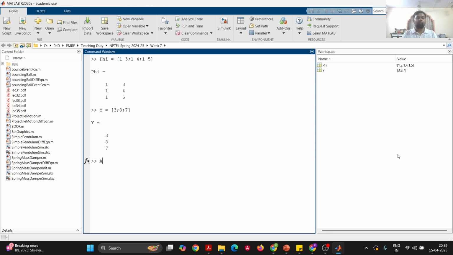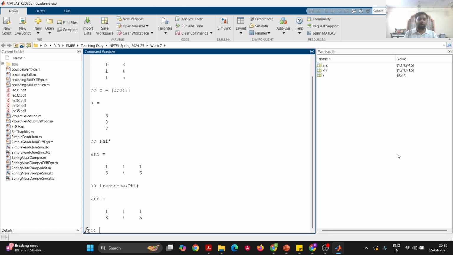To take the transpose, we can just do phi dash, or alternatively use the command transpose of phi. This will again give the same answer.